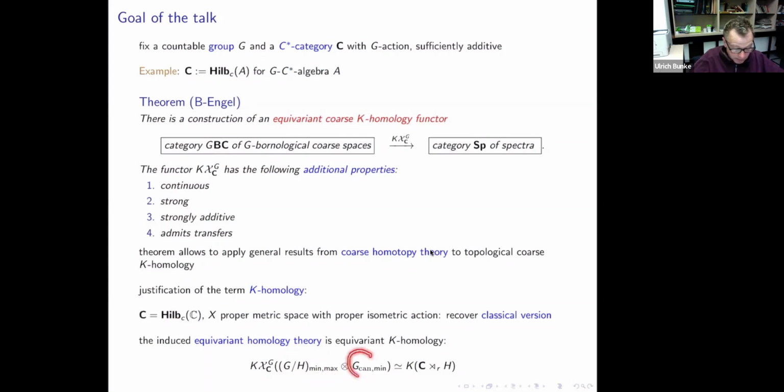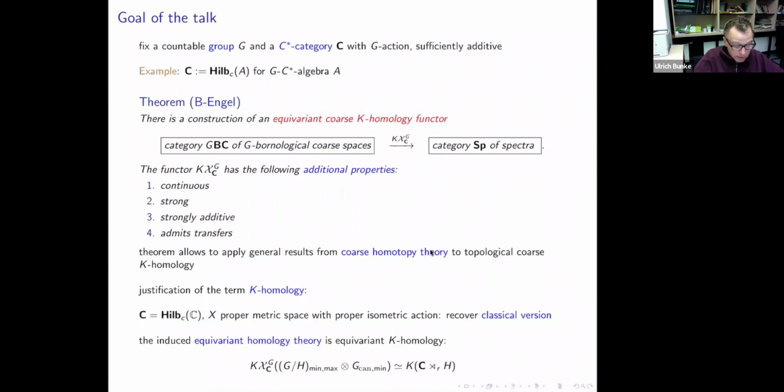And tensorize the thing with G, with canonical structures. Then the result will be the K-theory of the reduced crossed product of the C-star category with the fixed point group H of the orbit. So this is what you expect from an equivariant homology theory, equivariant K-theory with coefficients in the C-star category in the sense of equivariant topology.